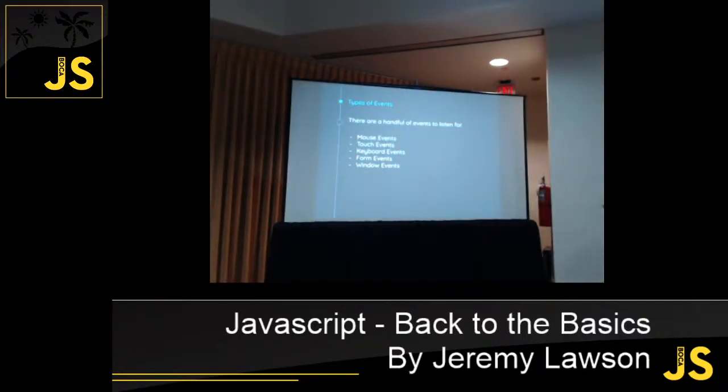There are a handful of events you can listen for. A mouse event is an interface that represents events that occur due to an interaction with a pointer. Right, so my mouse.